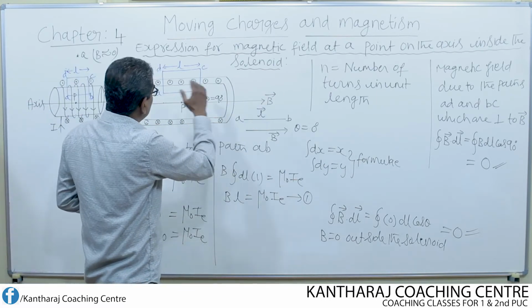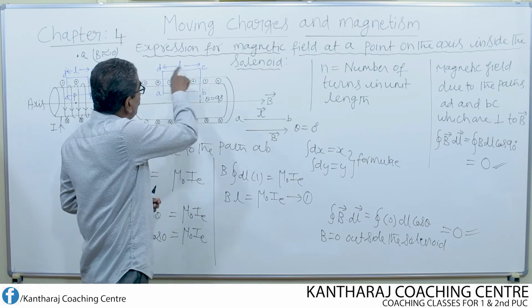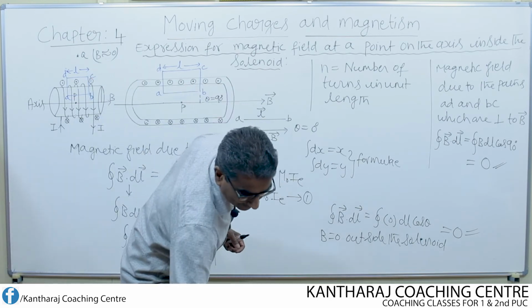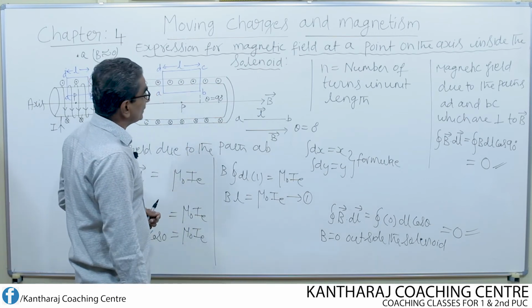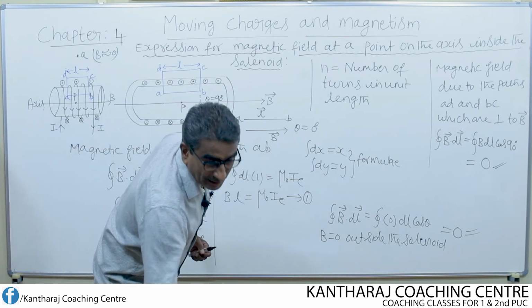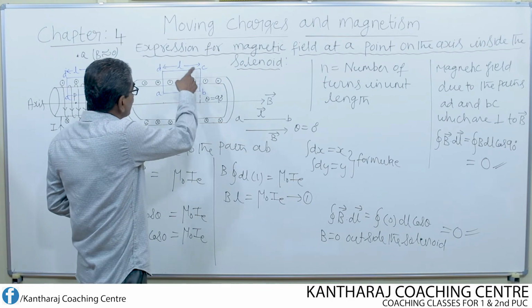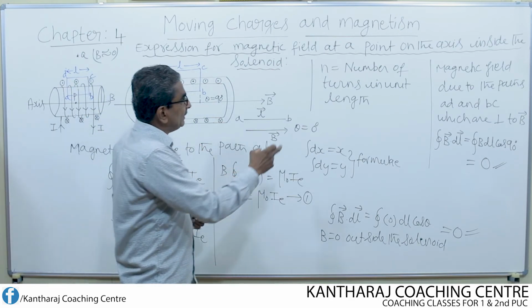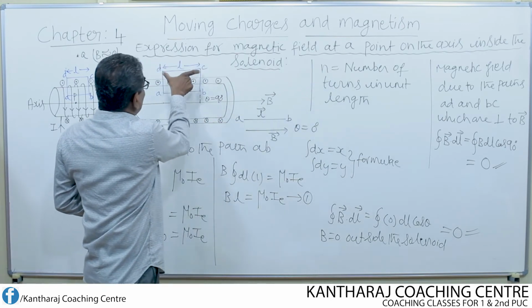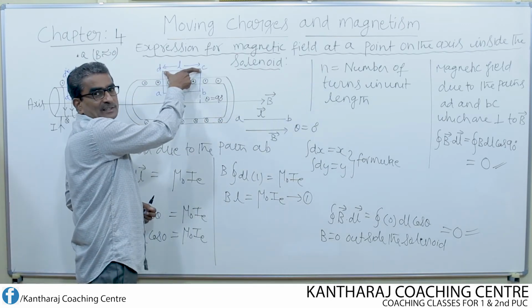Now if I apply that to this Amperian loop, what is the Amperian loop here? ABCD is the Amperian loop. Then what will be the number of turns enclosed within the Amperian loop? For 1 meter length, if it is n, then for L meter length, what is the number of turns?